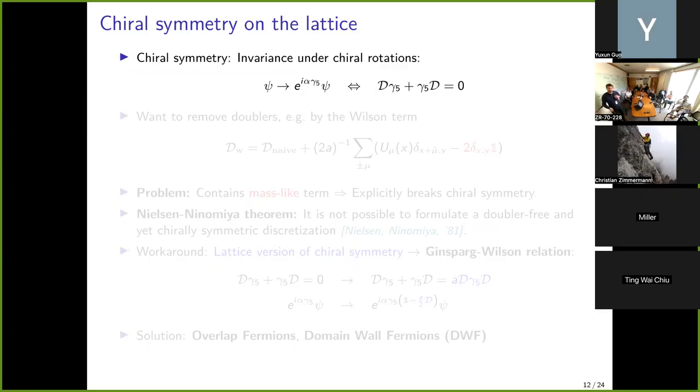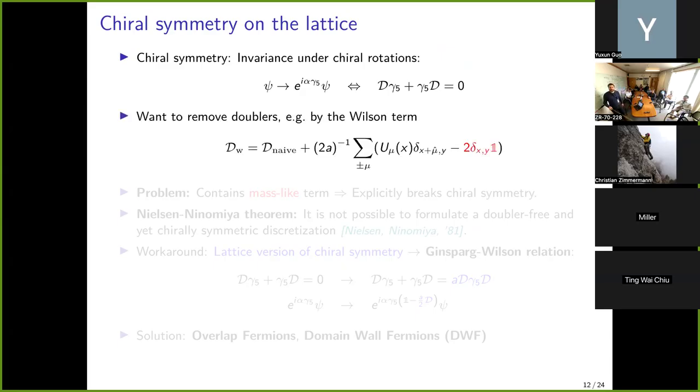And yeah, here we run into the next problem, because that becomes clear if we consider chiral symmetry. I've already showed you how it looks like. Basically, it's defined by this rotation, and from this rotation you can derive that the Dirac operator commutes with gamma 5.